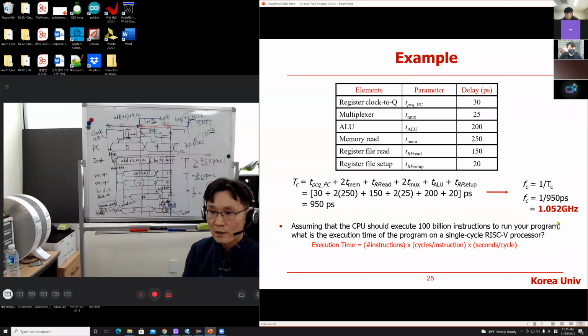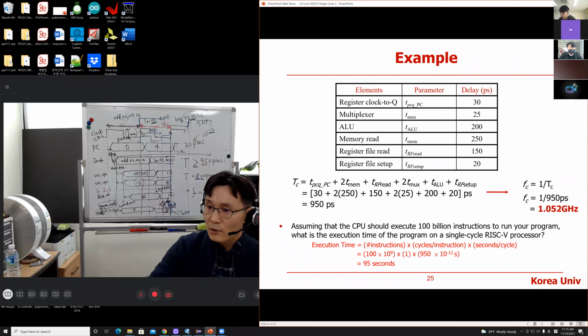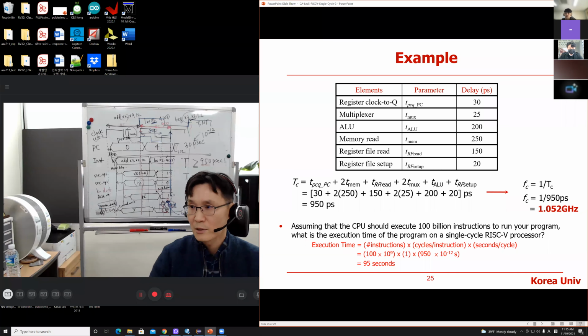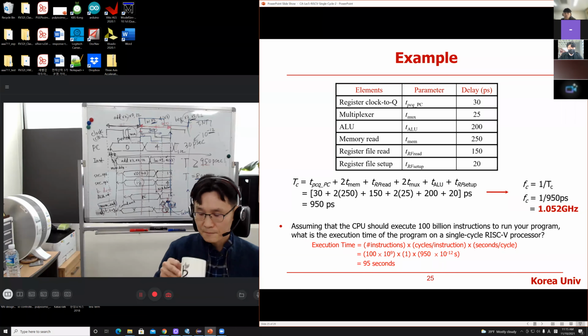Okay, so we haven't talked about this equation, so let's just skip this part. That is concluding the single cycle CPU discussion. Any question?